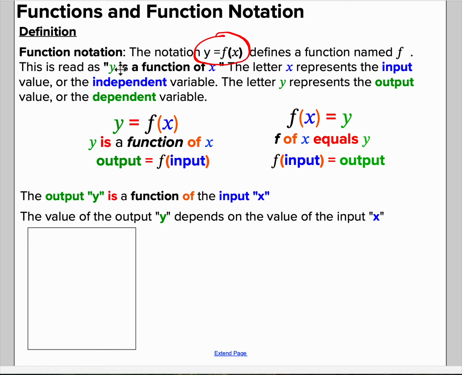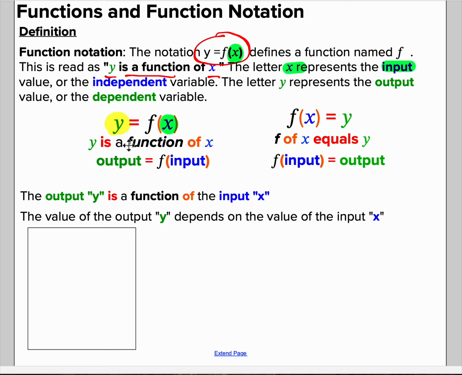We read this as y is a function of x. The thing inside the parentheses is always the input, and the thing on the other side of the equal sign is the output.